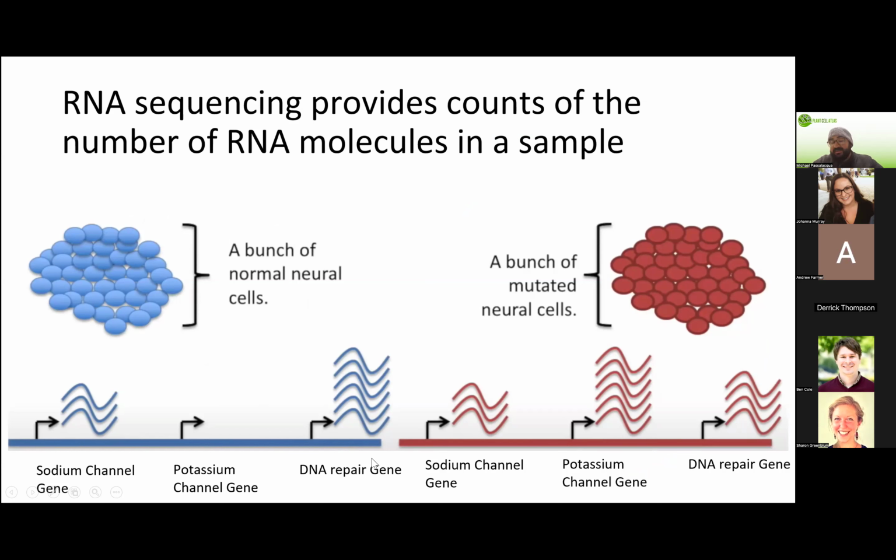And in a typical experiment, you might have some normal cells, and then you might have some mutated cells, and you might be comparing the expression of these different cells. Not only can you compare raw reads, but you can normalize these reads to the number of total reads, or you can compare reads relative to a certain gene.